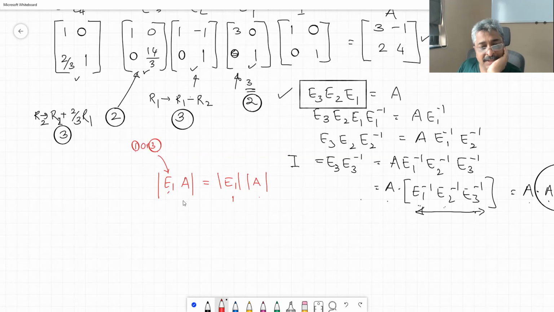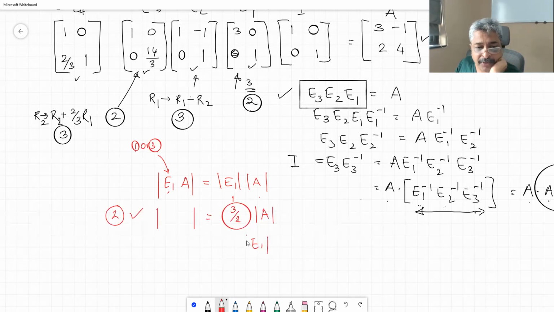So proved. For types 1 and 3, it is proved. As far as the second is concerned, the determinant of E1 is that constant multiple times the determinant of the identity matrix. Therefore, you get that constant out here. Say in our case, E1 has a constant 3 by 2 here. And 3 by 2 multiplied by the determinant of A is going to be the same as the determinant of E1 into A. So here also it is true.